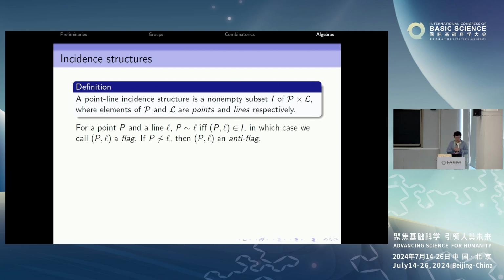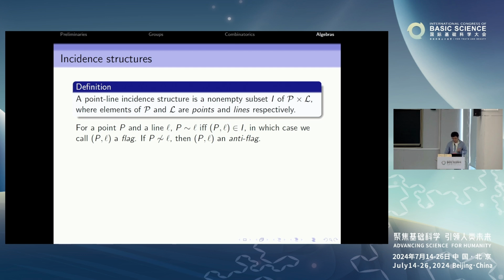So for a point P and a line L, if (P, L) is in the set I, we say that they are a flag. We also write P ~ L to mean that they are incident. Otherwise, it's called an anti-flag.